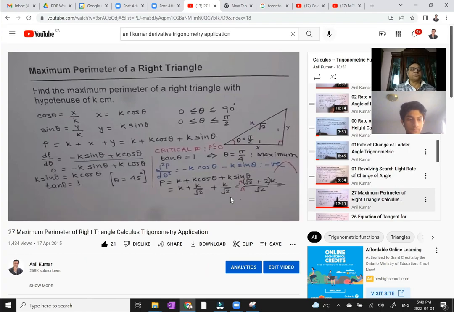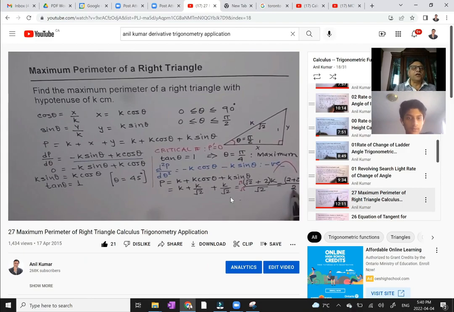Can you please read the question? Find the maximum perimeter of a right triangle with hypotenuse of k centimeters. Extremely important question, because to relate your hypotenuse with the perimeter, it is actually a challenge in itself.